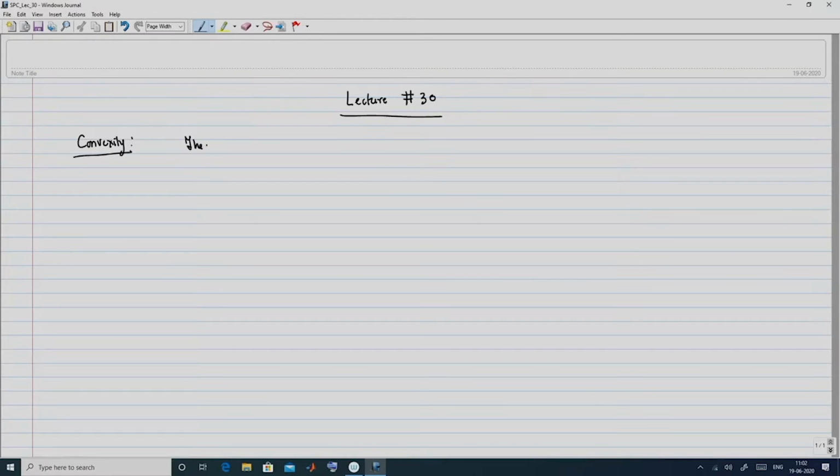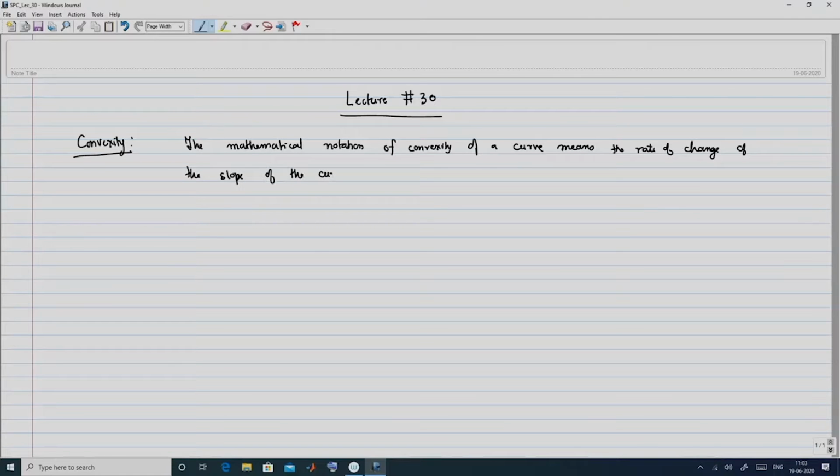So, recall that the mathematical notion of convexity of a curve is interpreted as the rate of change of the slope of the curve.